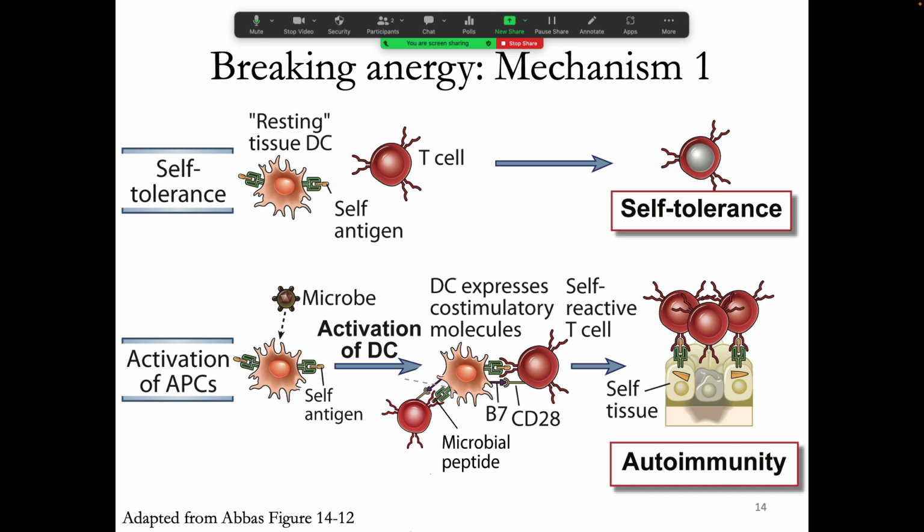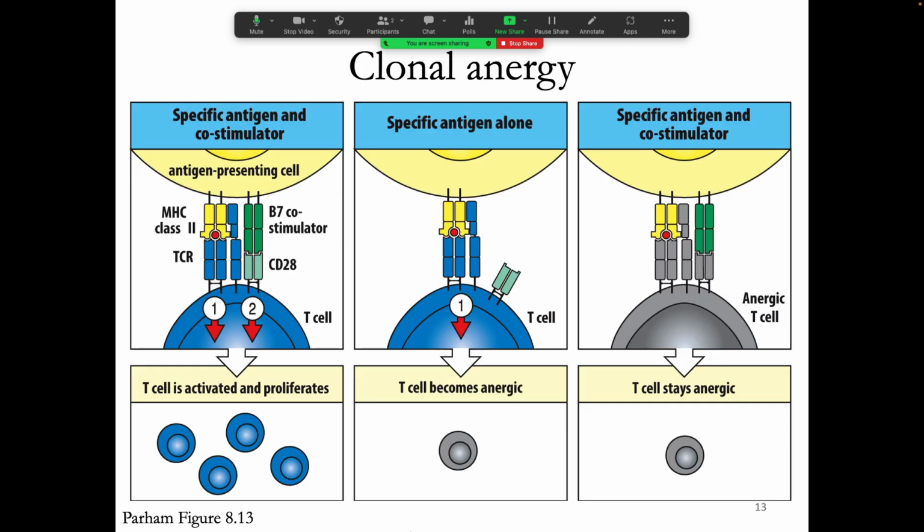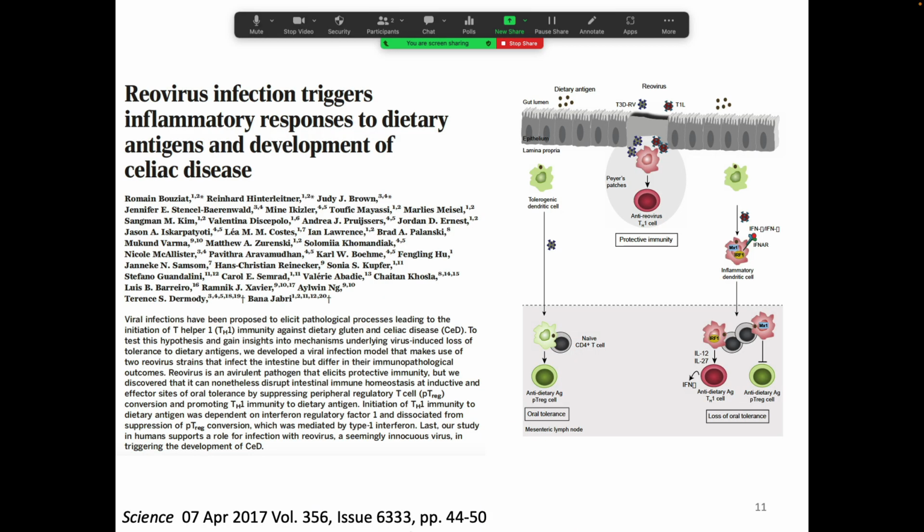You could imagine situations like what you're seeing here on the bottom and some tolerance breaks during that infection. You might also even imagine some cytokines that are being made during that crazy immune response that could be otherwise messing up tolerance.